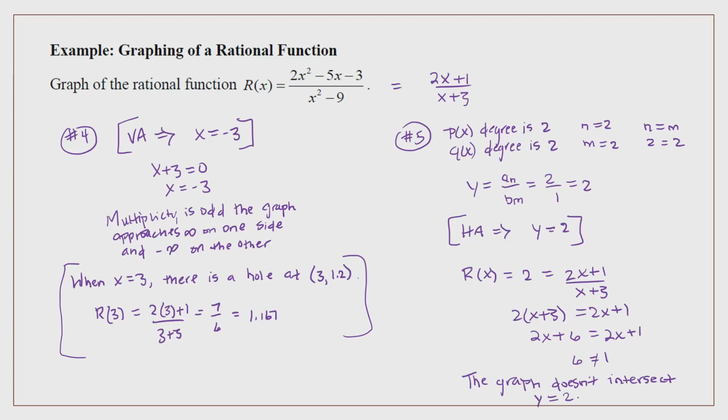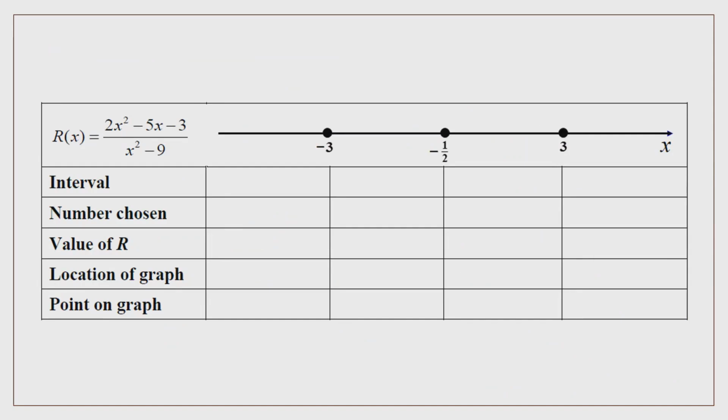We've identified our hole. So now we can find our additional points. So we have 3 real zeros, -3, -1/2, and 3. Okay. And so our 4 intervals are -infinity to -3, -3 to -1/2, -1/2 to 3, and 3 to infinity.